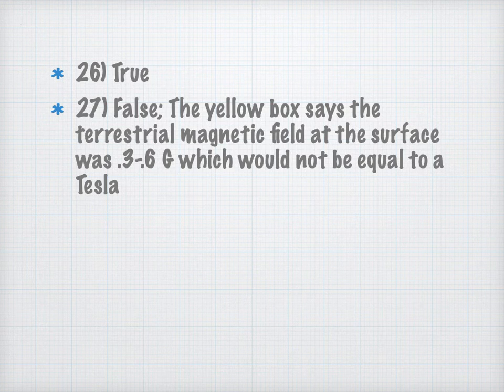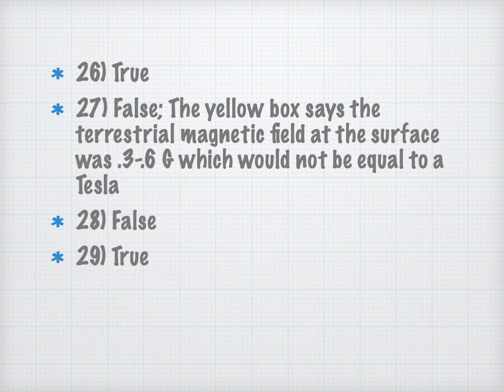All right. Number 28. A magnetic field is not affected in any way by the material in which it is located, and that is clearly false. Ferromagnetic materials will hold a magnetic field much better than paramagnetic or diamagnetic. It makes a huge difference what kind of material it is. Number 29, the strength of a magnet depends not only on the dipole moments of the atoms, but also on their orientation, and that is absolutely true.